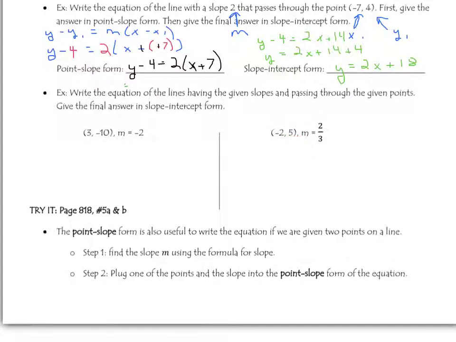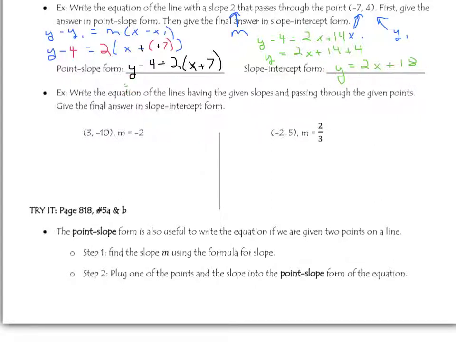You are to write the equation of the lines with the slope and the given point, and your final answer should be in slope-intercept form. You're going to do this first by writing the point-slope form. You have the slope and a point, so you can start with this step, and then solve for y so that you end up with this.